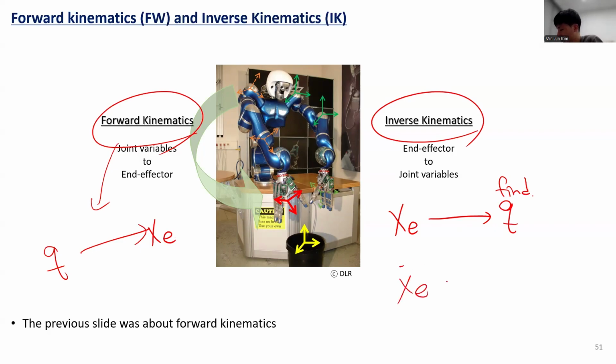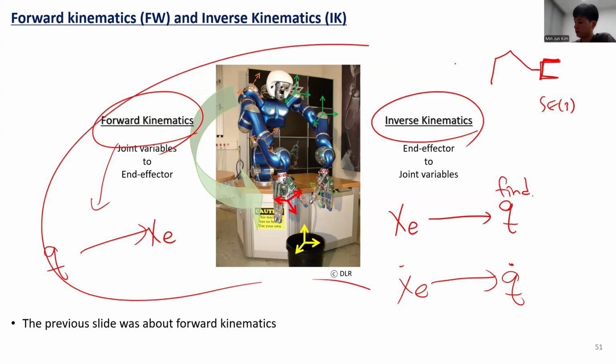Or given end effector velocity, we want to find the corresponding joint velocity. That's called inverse kinematics. So if you want to place your end effector or gripper in this configuration or this pose, this SE3, then what has to be the joint angles for that? Okay, that's the inverse kinematics problem.